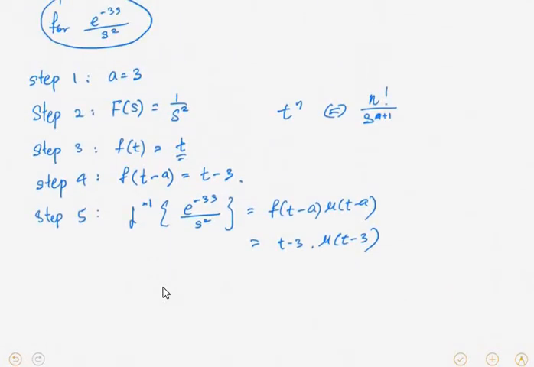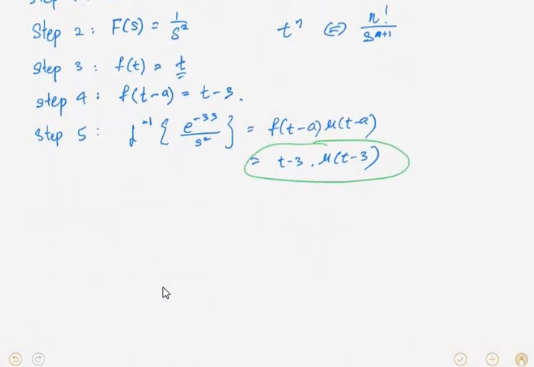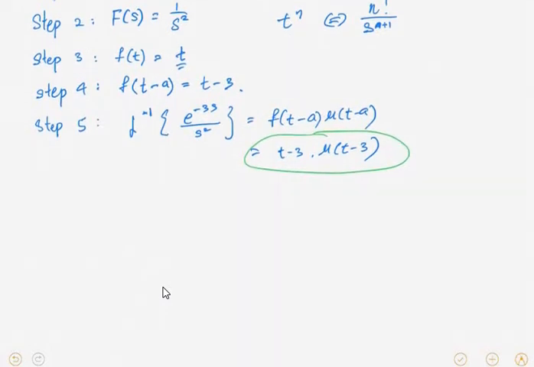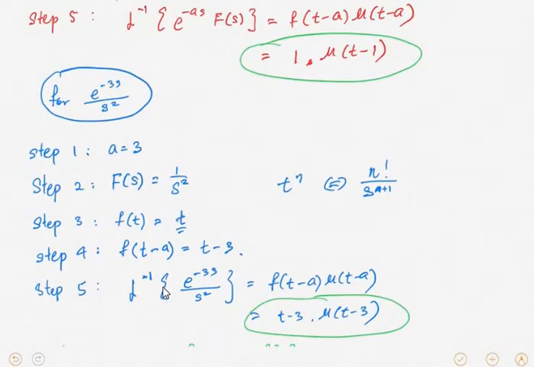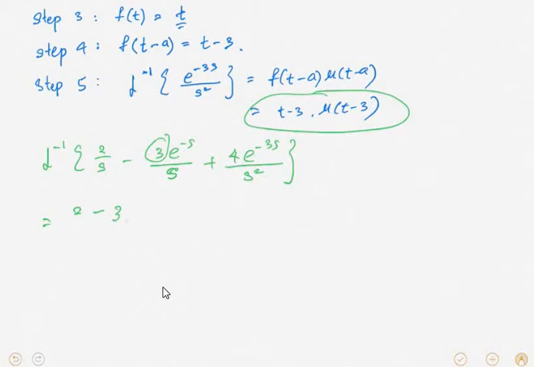So you can combine, since you have the two answers here. The answer for the inverse Laplace transform of this is equal to 2, because 2 is a constant, and 1 over s gives 1. Minus 3 u(t minus 1), and then plus 4 (t minus 3) u(t minus 3).